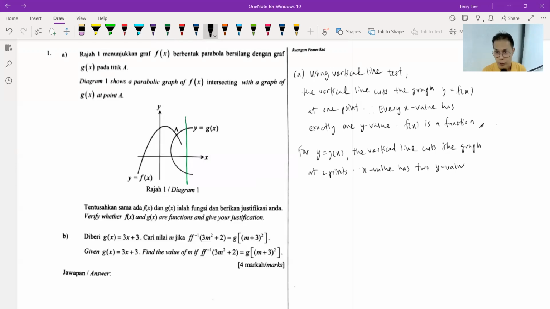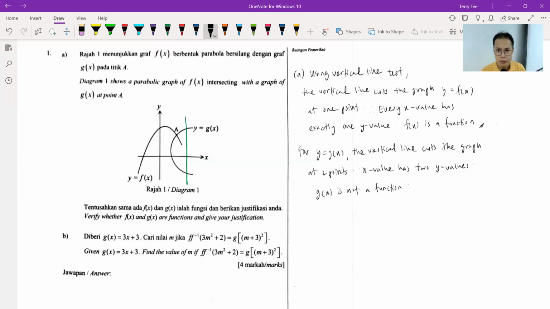So we know it's not one-to-one. We say g(x) is not a function. To be exact, it's a one-to-many relation: one x maps onto multiple y. So it's not a function.